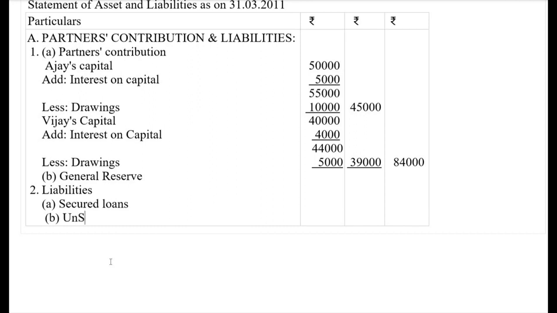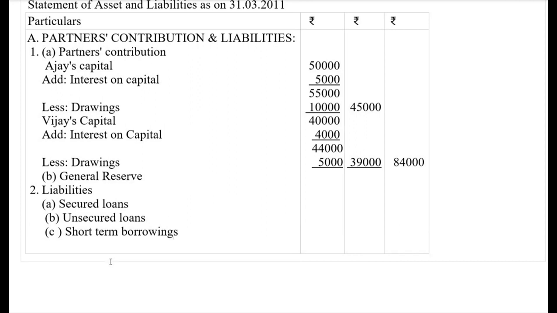B, unsecured loans. Then C, short-term borrowings. D, trade payables. So under here we have got creditors.